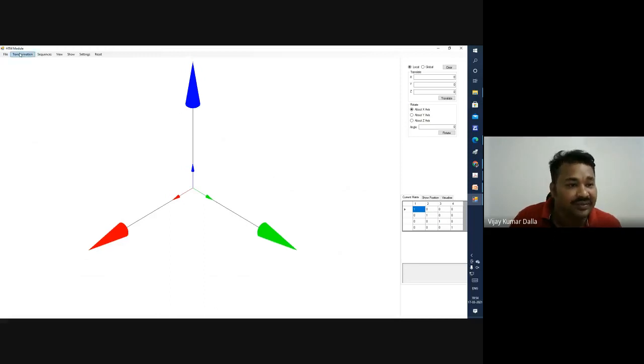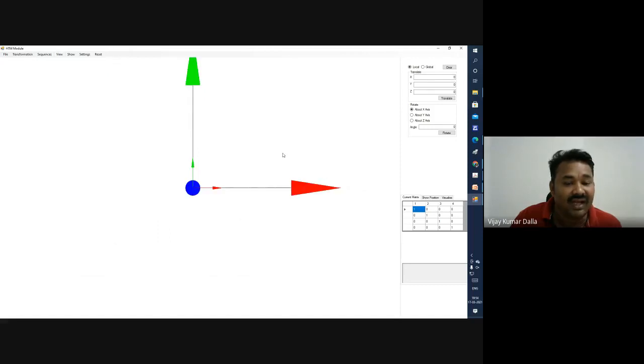If you see the top panel in this window, HTM module, there are file, transformations, sequences, view. The present view is isometric view. Also, we can visualize the XY plane, YZ, XZ. Coming back to the default isometric view.